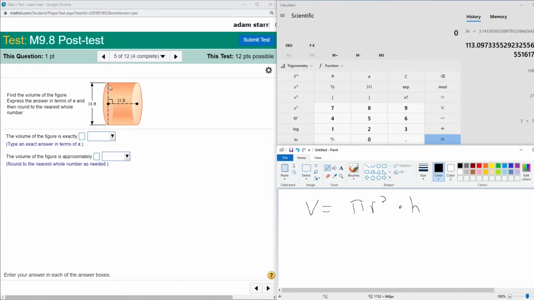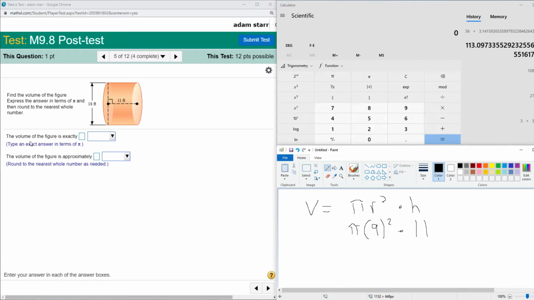So in this, I'm given this distance, okay, of my circular base as 18 feet. This is the diameter. So to find the radius, I have to take my diameter of 18 and divide it by 2. Okay, so 18 divided by 2 is 9. So my radius here is 9. Just substituting that in. And my height here of my cylinder is this 11 feet.